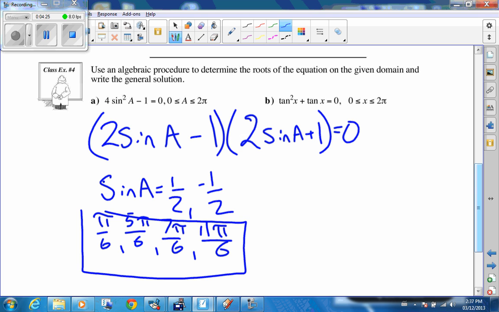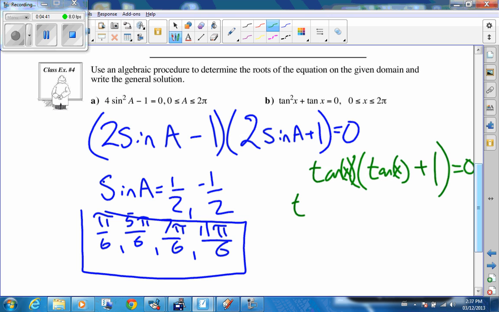This one up here, I take out tan. So I get tan x times tan x plus 1 equals 0. So tan x equals 0, or tan x equals -1.